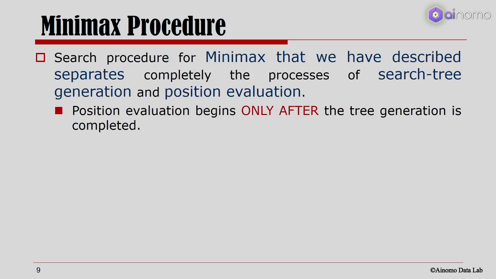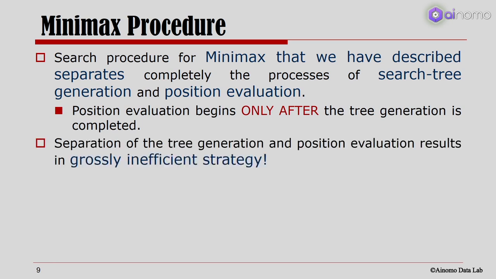Now the search procedures for Minimax that we have described up till now separate completely the process of search tree generation and position evaluation. The position evaluation was done only after the tree generation is completed. Separation of tree generation and position evaluation results in a grossly inefficient strategy.